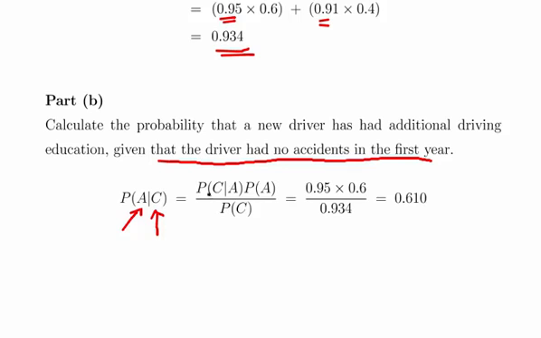The probability of C and A can be written as C given A times the probability of A, and we worked that out earlier as 0.95 times 0.6. The probability of C is 0.934. So when we work this out with a calculator, we should get an answer of 0.610, allowing for a bit of rounding error. So we leave it there.